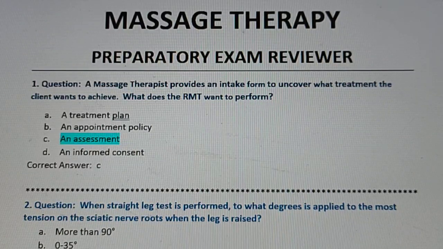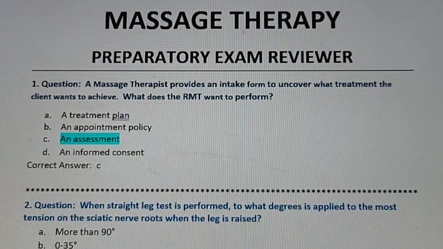So the first question is, a massage therapist provides an intake form to uncover what treatment the client wants to achieve. So what does the RMT want to perform? So there's a list of answers here, and the A, B, C, D answers are listed here.